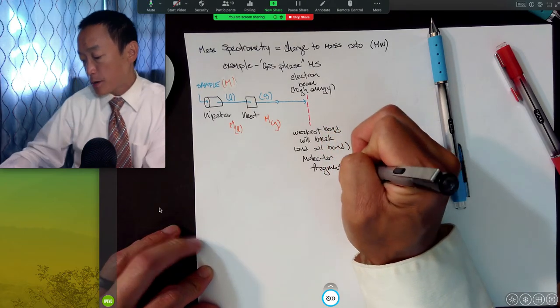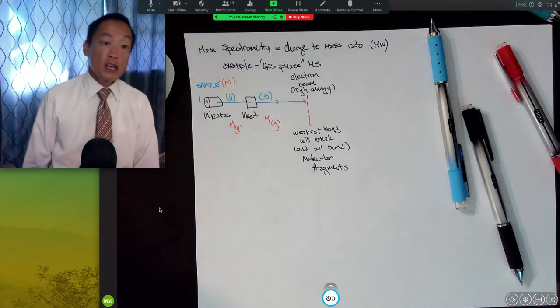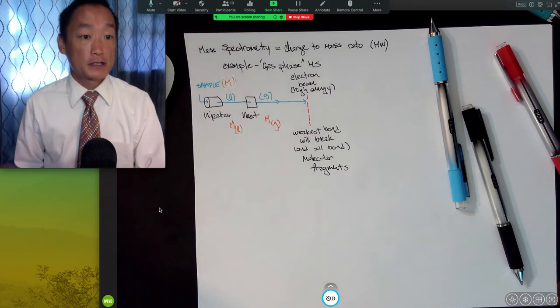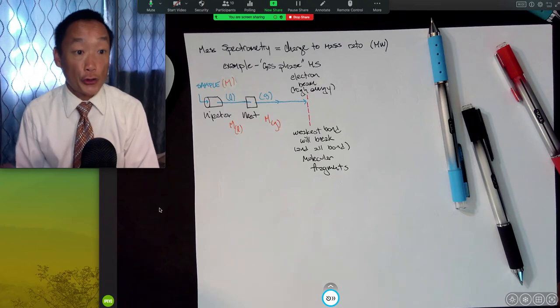Depending upon how high a current you apply to this electrical beam, you can be more precise and more selective in what types of bonds are going to explode. But if you're someone like me, you just blow the whole thing up.